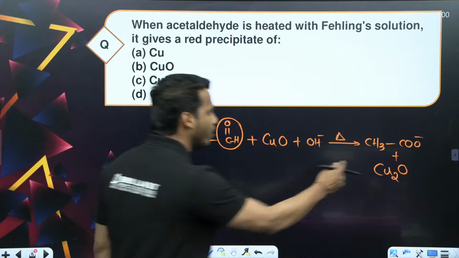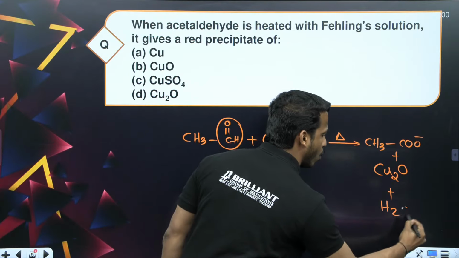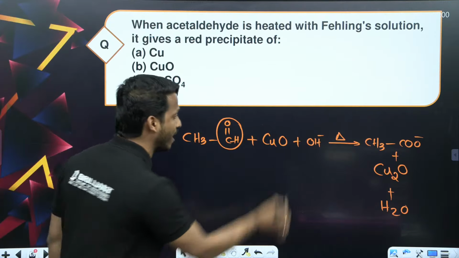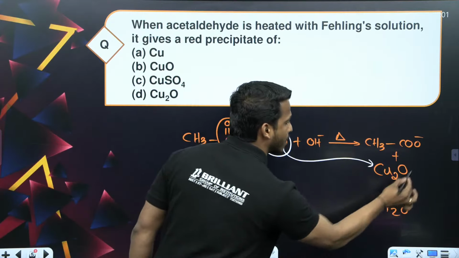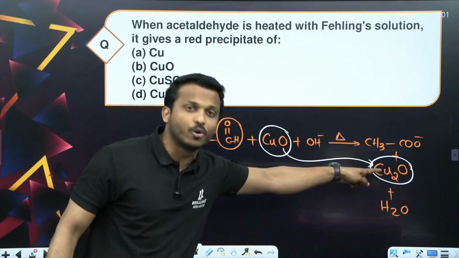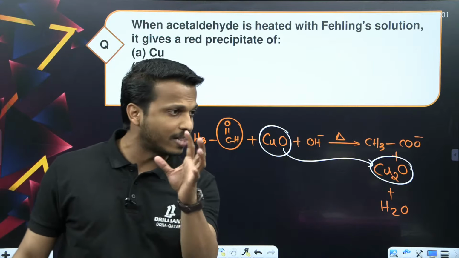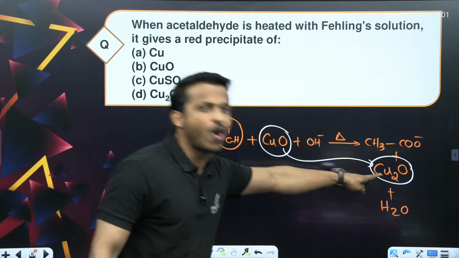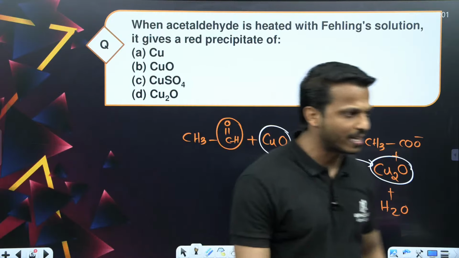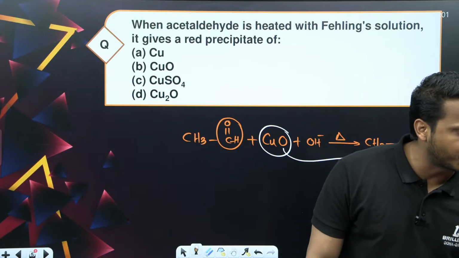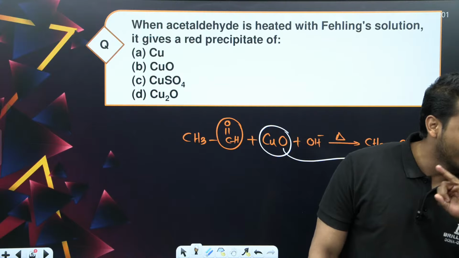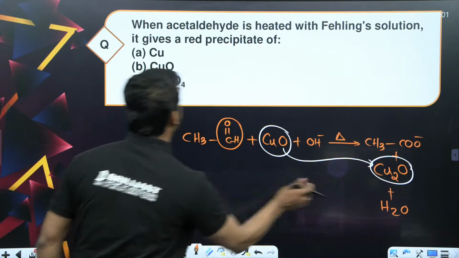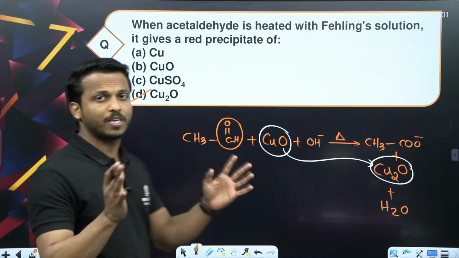Cu2O along with H2O. During Fehling's test, copper oxide becomes cuprous oxide, Cu2O, which is a reddish brown precipitate. So Cu2O is forming. Option D, cuprous oxide, is the correct answer, dear all. So keep this in mind.